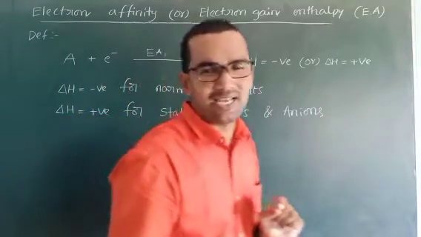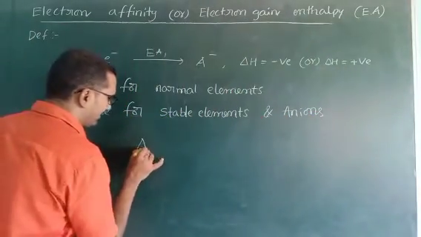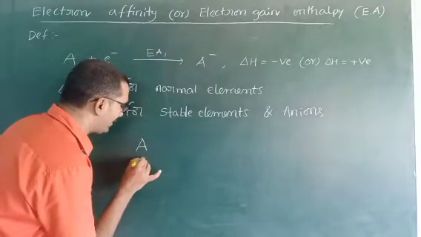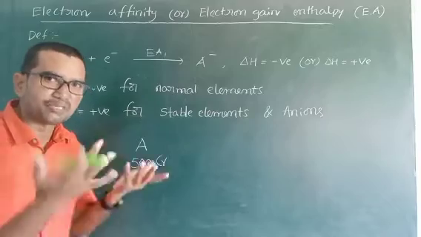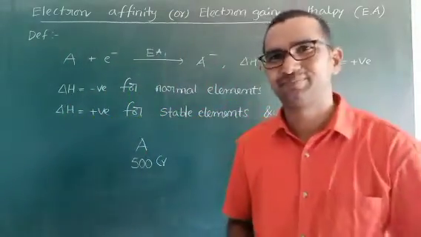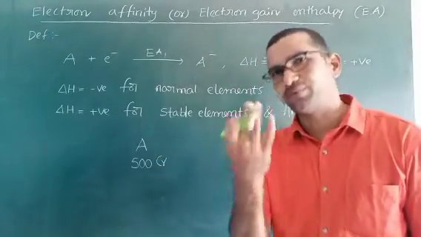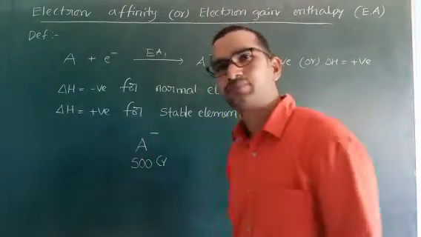I will tell one story in my style. A is a parent. They have 500 crores property, but no children. So they adopt one electron, meaning one baby here. Then it is converted to A minus.